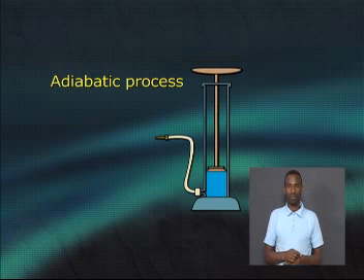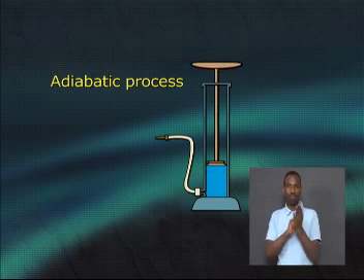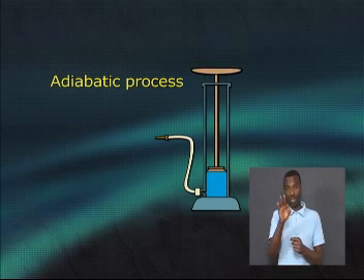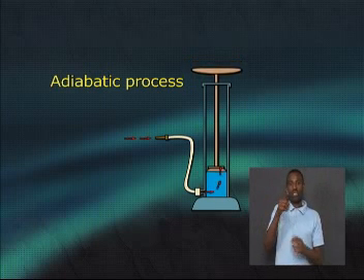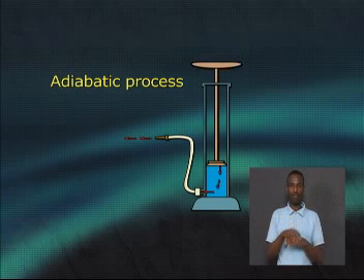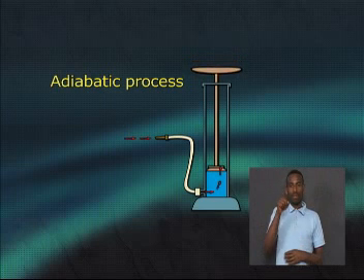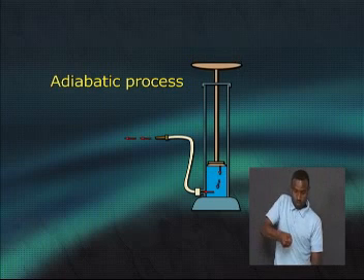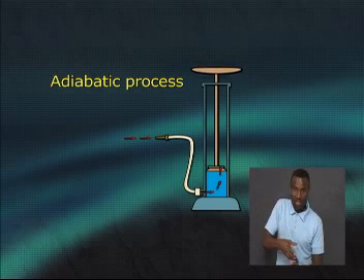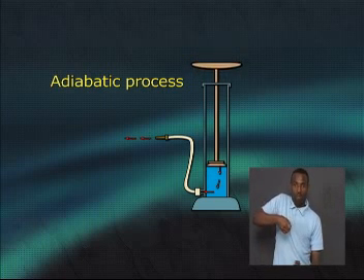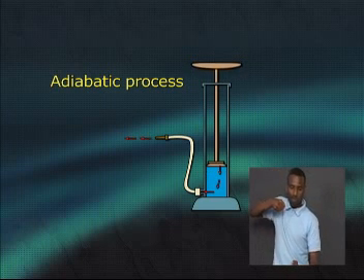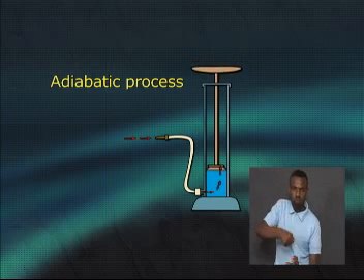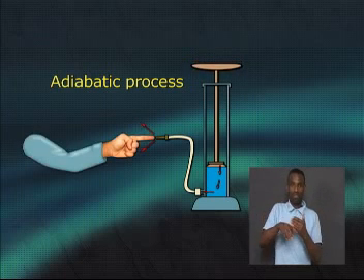One such example of this process occurs in a bicycle pump, as you see here. As the plunger rises and descends, air is pulled and pushed in and out of the nozzle. The pump is a steel cylinder with an internal piston.